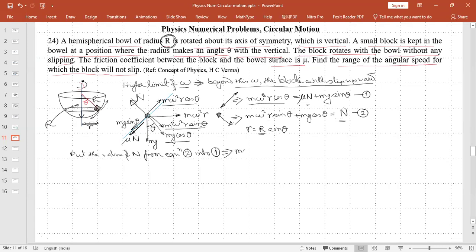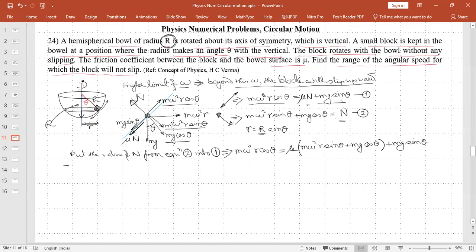So we get m omega square r cos theta is equal to mu, value of n we put from here, m omega square r sin theta plus mg cos theta, that is mu n, and then I have mg sin theta.